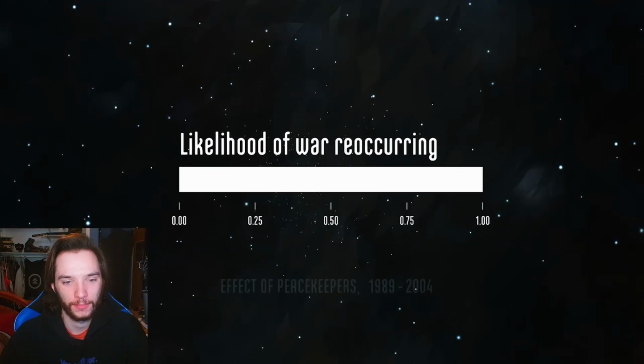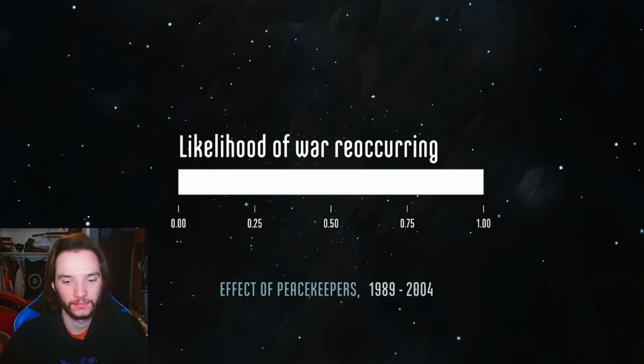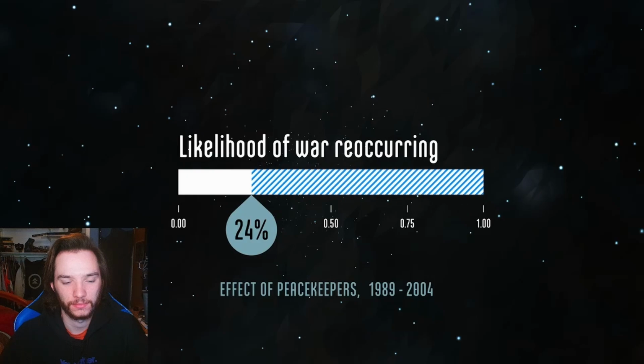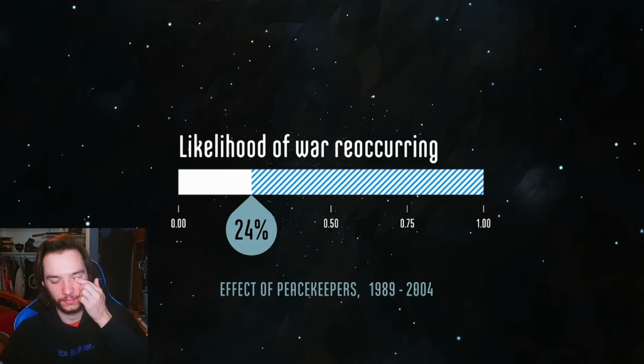Fortna found that peacekeeping had a significant effect on the staying power of peace. War was about a quarter as likely to reoccur when peacekeepers were present. Even with the small sample size, she could claim with confidence that post-Cold War peacekeeping correlated with longer peace.